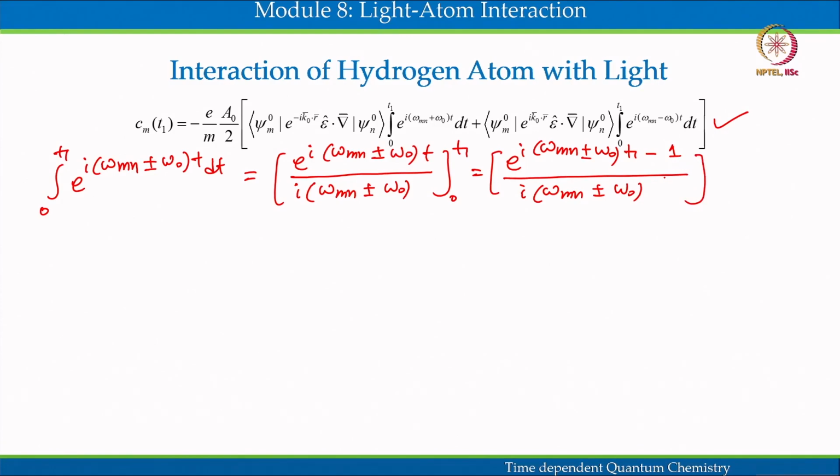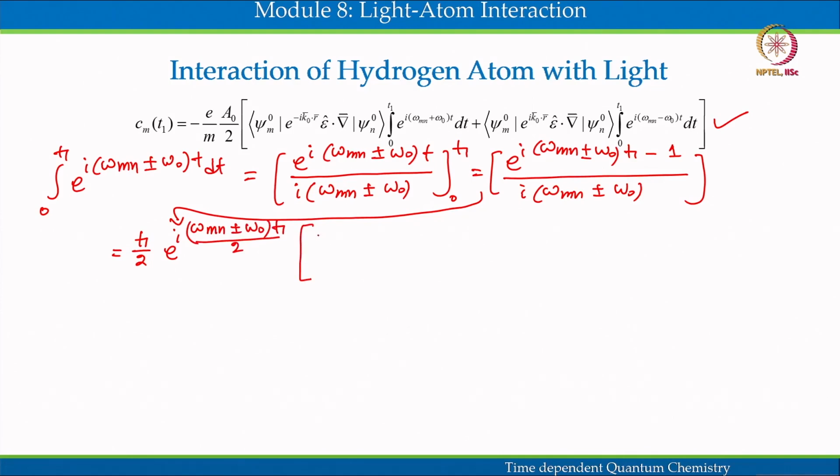So now I'll just make one trick, which we have used before as well. This is going to be t1 by 2, then e to the power i (omega mn plus minus omega naught) t1 by 2.